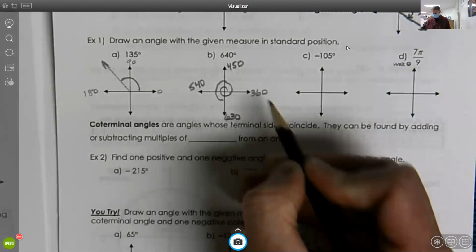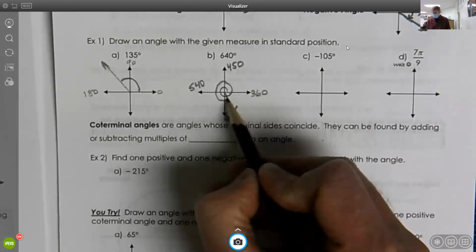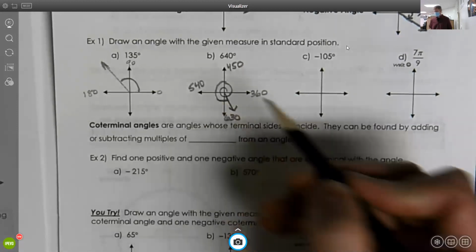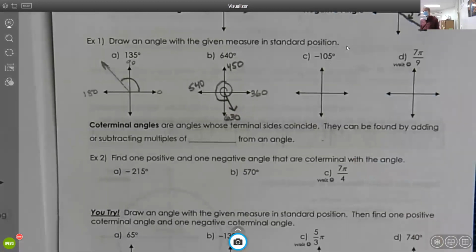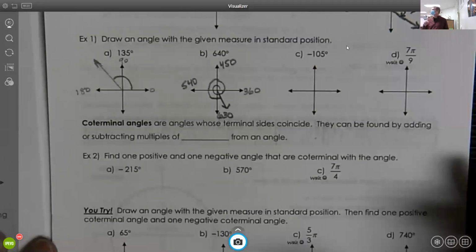And we want to get out to 640. So that's going to be past a full loop and from pointing downwards. Okay, 10 extra degrees past the 630 will give you your 640. So those are both positive angles because we went in a counterclockwise direction.